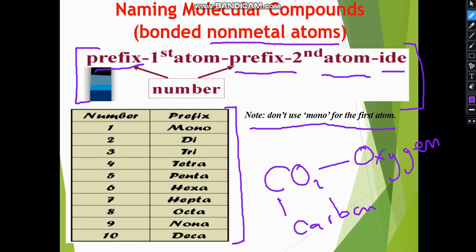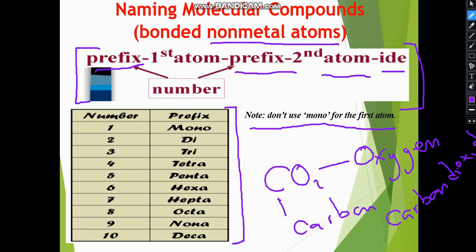So we won't say monocarbon. We'll just put carbon. Then, how many oxygens do we have? We have 2 oxygens. So 2 is di. Then the oxygen will change to oxide. So it will be carbon dioxide.